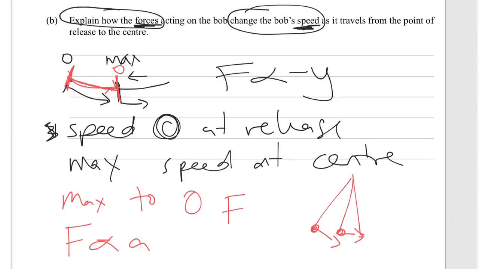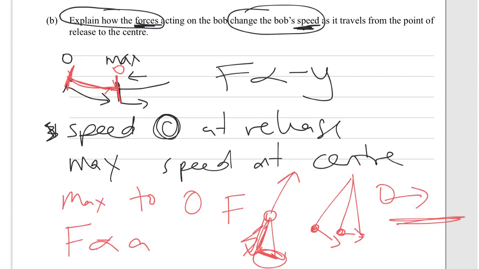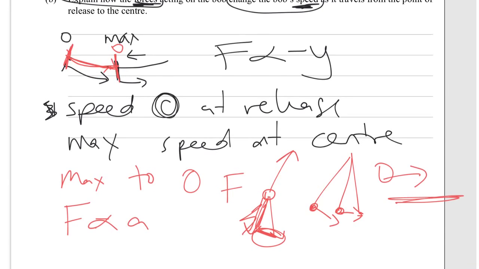If you remember how that's made up, free body force diagram, you've got the tension force and the force due to gravity, and the force due to gravity is broken down into two parts. The part that opposes the tension force and the restoring force, and it's a small angle approximation that makes the restoring force act in a straight line back towards the center, roughly speaking. That force is getting less, so the acceleration is getting less. I don't think they need that level of detail.